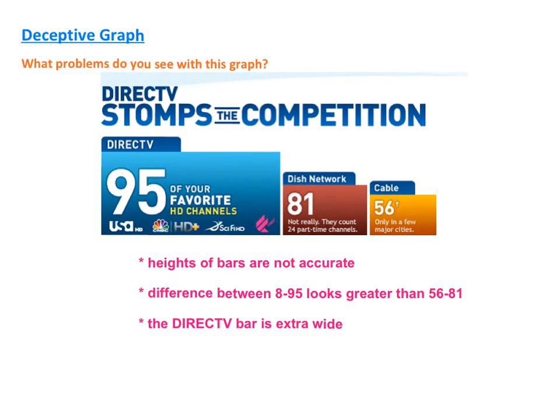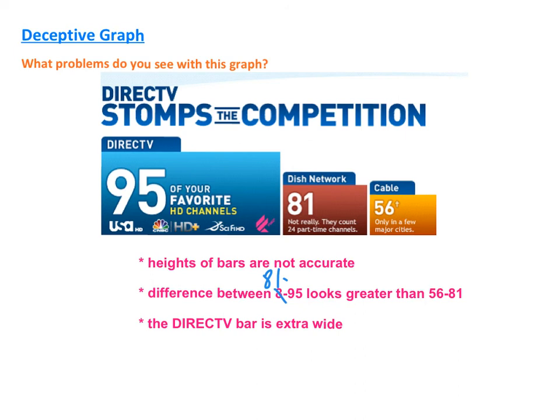Oh, be aware of this. You'll see this all the time. First of all, this should say 81. We'll be aware of this stuff when graphs really aren't very good. The heights of the bars are nowhere close to proportional. 81 to 95 only has a difference of 14, but based on the size of the bars, it looks bigger than 81 to 56. That makes no sense. And then this is an ad for DirecTV, so that DirecTV bar is extra wide.